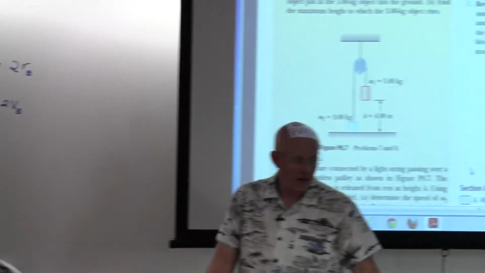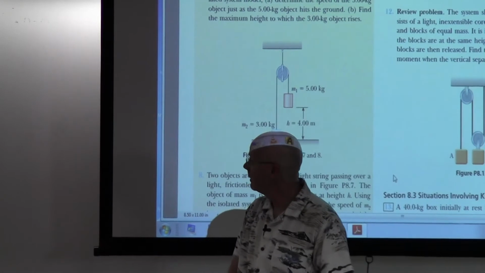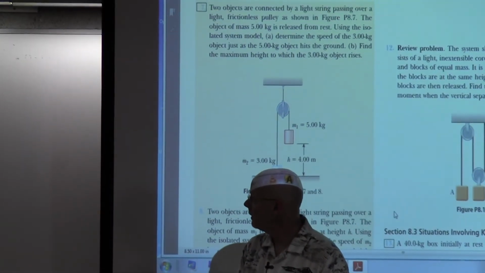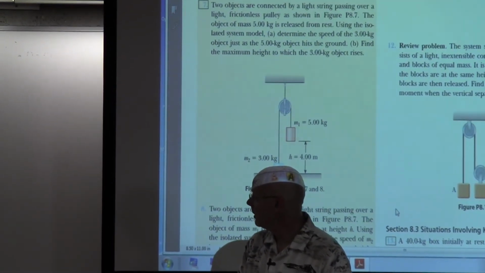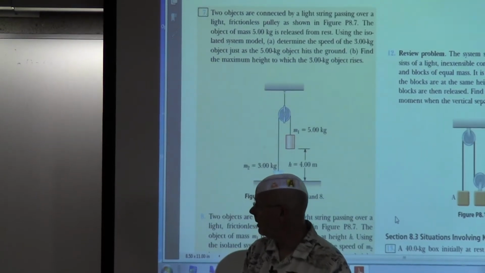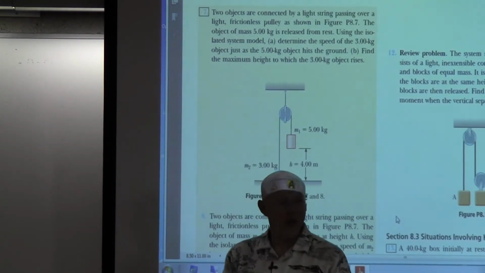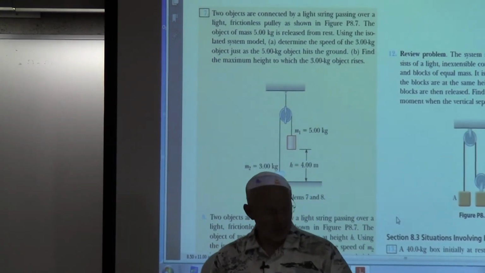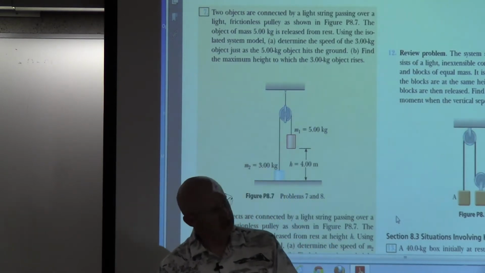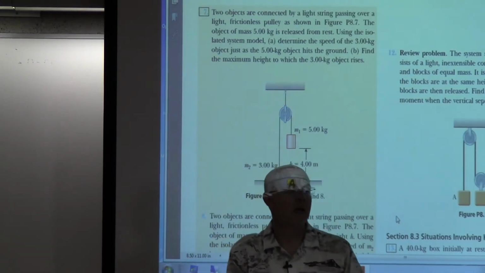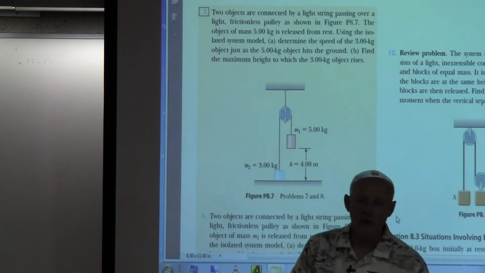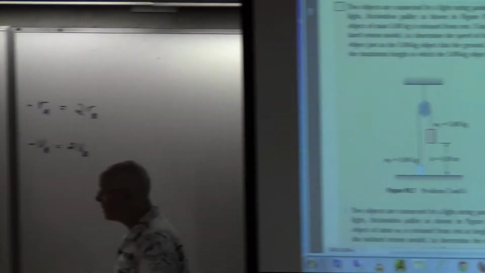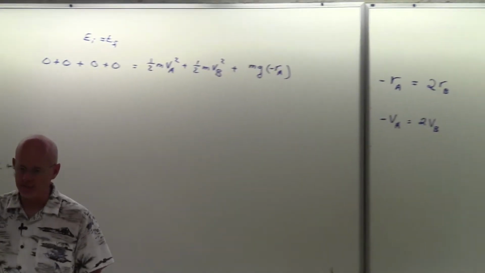Would you make one of those just mv squared, since the velocity of A is equal to twice the velocity of B? I will eventually. Yeah. I'm going to simplify it, but again, like a lot of these, I would suggest first just write out the equation, and then last solve the equation. Start with the basic principle and write out the equation.